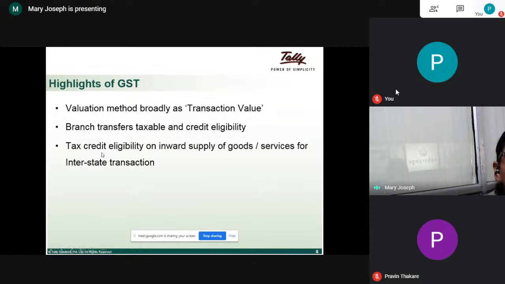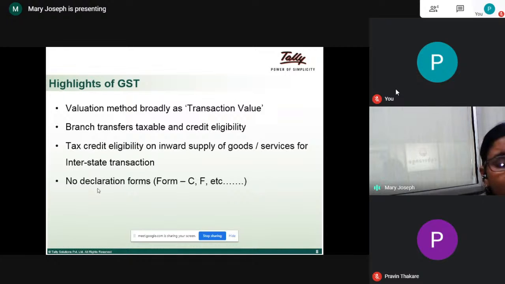Next highlight is the tax credit eligibility on the inward supply of goods and services, and also for interstate transactions. There is no need to fill another type of form. No declaration forms like form C, form F, E1, E2, and other types of forms.